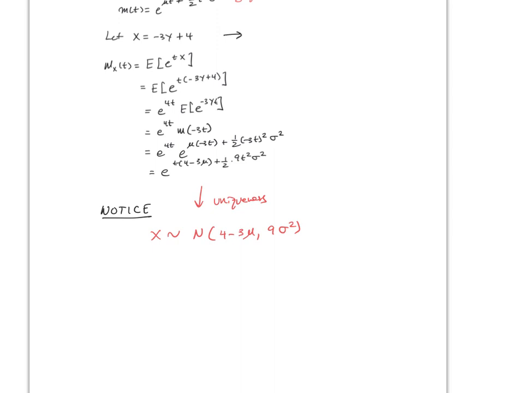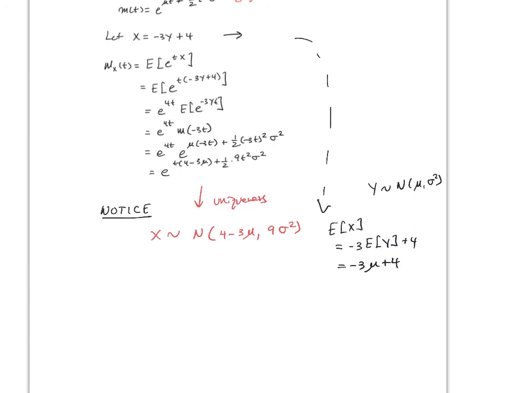Which should not be surprising. Why? Because notice that the expected value of X is minus 3 times the expected value of Y plus 4, which is minus 3 mu plus 4. Remember that Y is normal with mean mu and variance sigma squared.